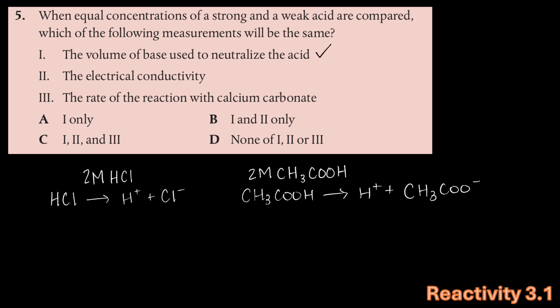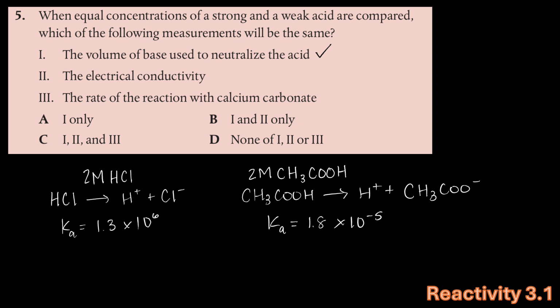So that's going to be very evident when we were talking about our K values. So Ka is the equilibrium constant for an acid, right? For hydrochloric acid, it's 1.3 times 10 to the 6th. For ethanoic acid, the Ka value is 1.8 times 10 to the negative 5th.